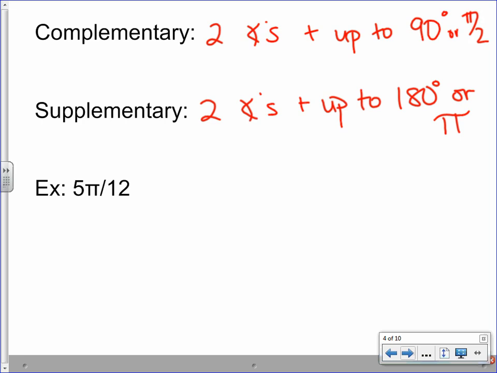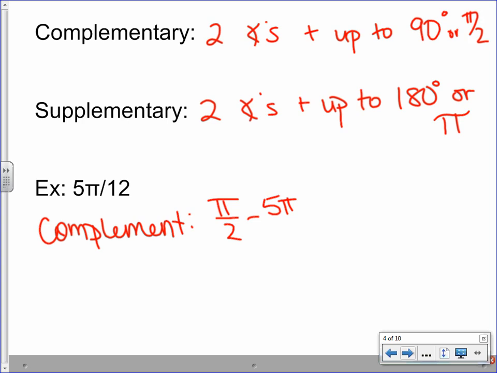So let's talk about 5 pi over 12. Let's first of all find its complement. If two angles add up to pi over 2, it means they're complementary. How would I find the complement of 5 pi over 12? Subtract it from? Okay. We're going to take pi over 2 and subtract 5 pi over 12.